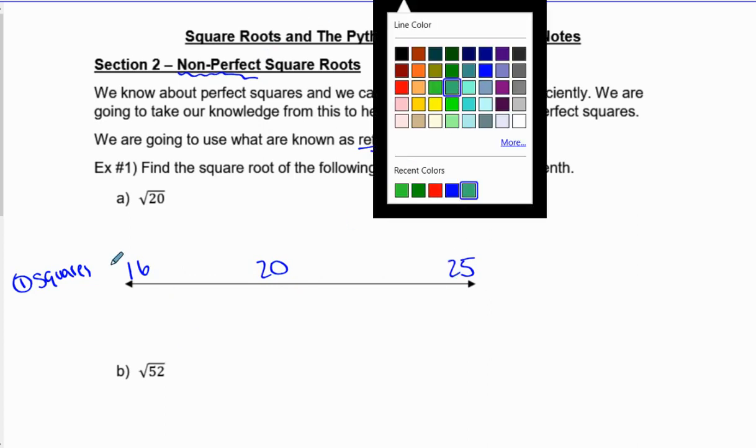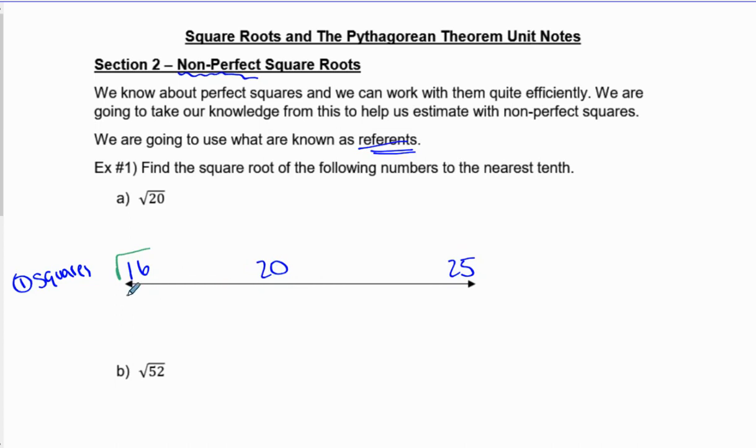I know that the square root of 16 is 4 and the square root of 25 is 5. So the square root of 20 is going to be somewhere in between 4 and 5, so it's going to be 4 point something.